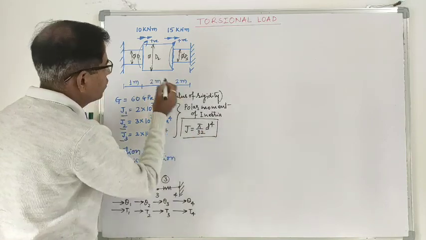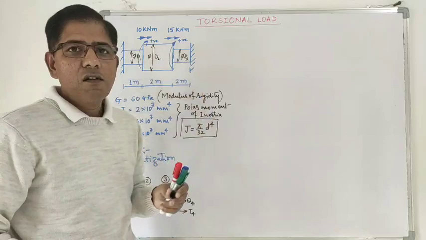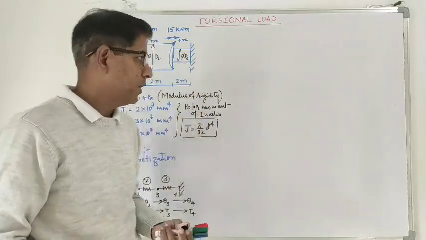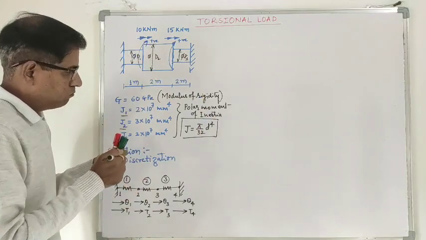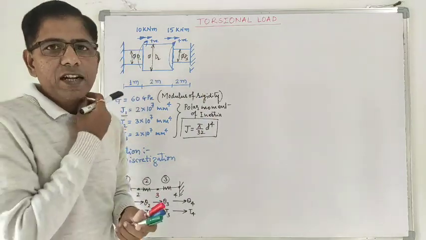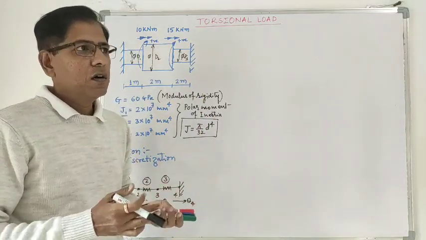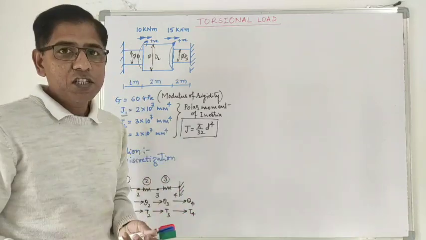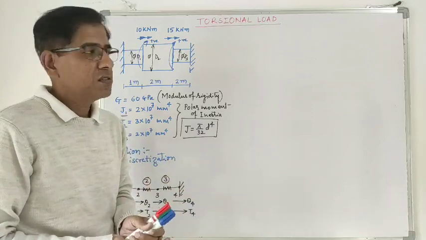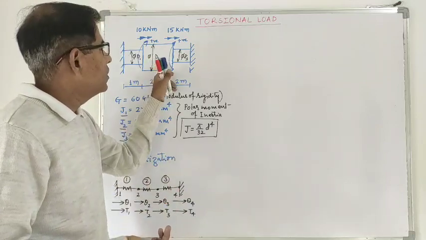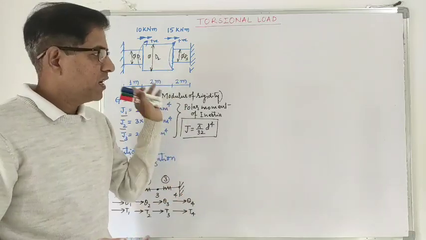Put the values of d1, d2, d3 in this formula and you can find the polar moment of inertia. These are the given data, and we need to find the angular displacement, the torsional stresses or shear stress in the shaft, and the reaction at the support.